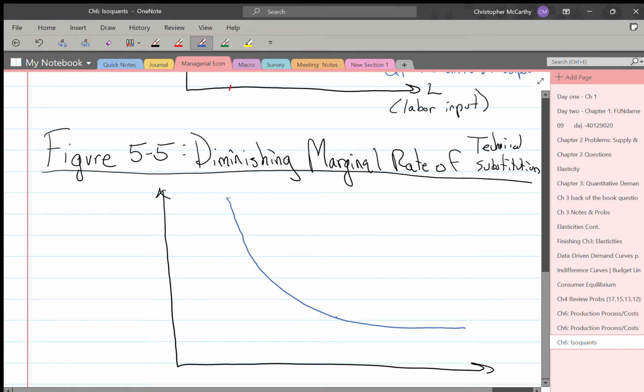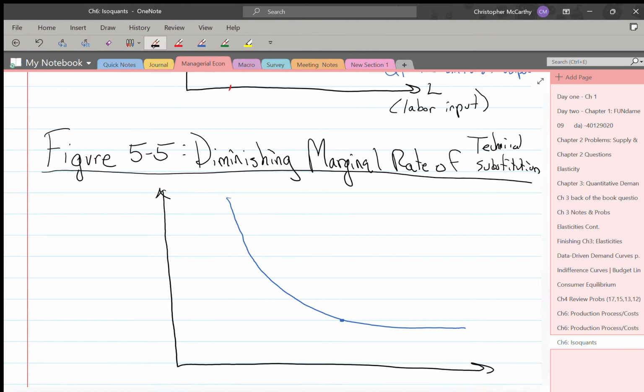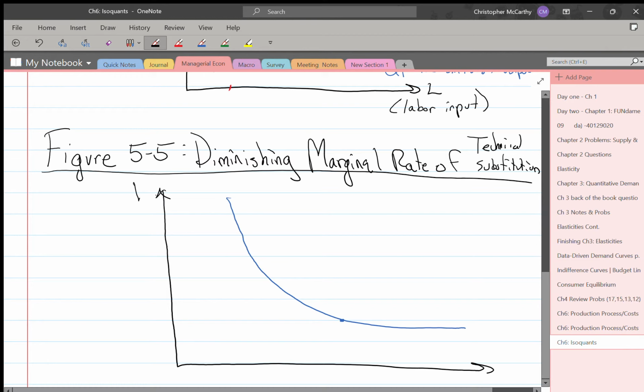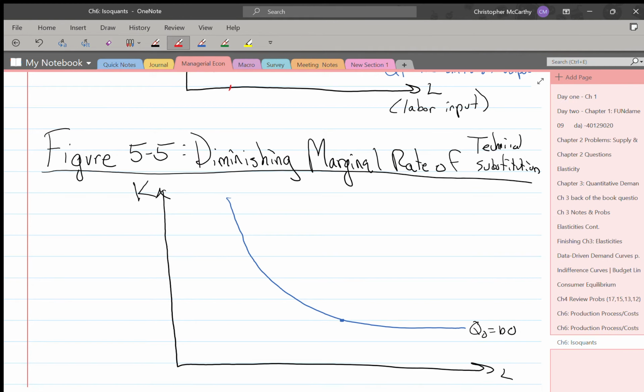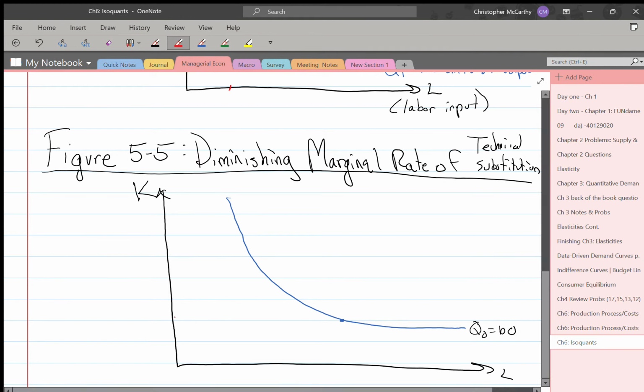So when we go from someplace like A, so I need to finish labeling. Q0 equals 100. So we go from someplace like A. Let's say we were doing the example where we're making autos, right? And we've got so many robots and so many laborers, right? So let's say that because of the increase in the wages or whatever, for whatever reason, we end up decreasing the number of laborers by 1.